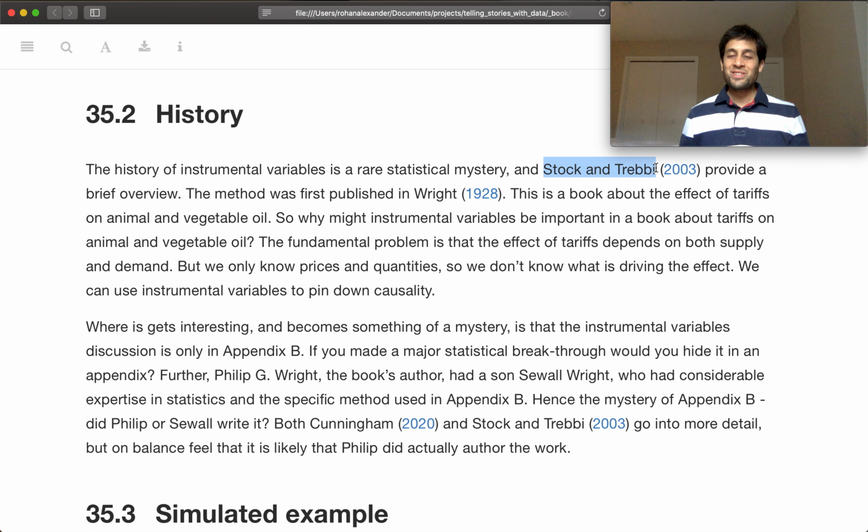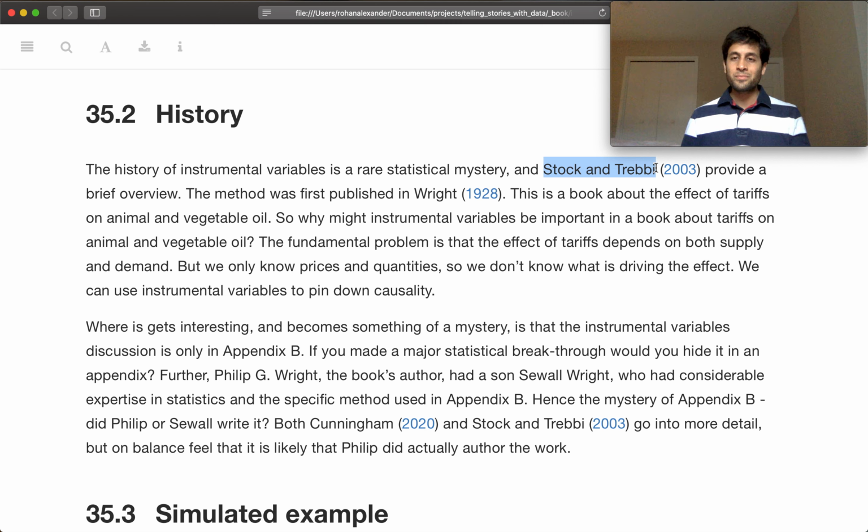Okay, so instrumental variables was first published in this book in the 1920s that is looking at the effect of tariffs on animal and vegetable oil, and so it's pretty remarkable, right? You spend all this time coming up with this wonderful statistical method, but in the end, you're just using it to look at the effect of tariffs.